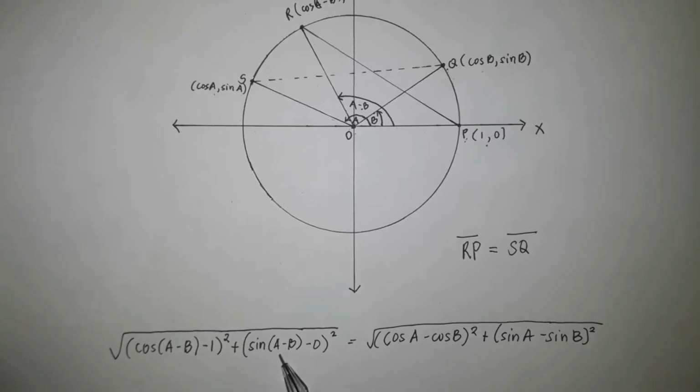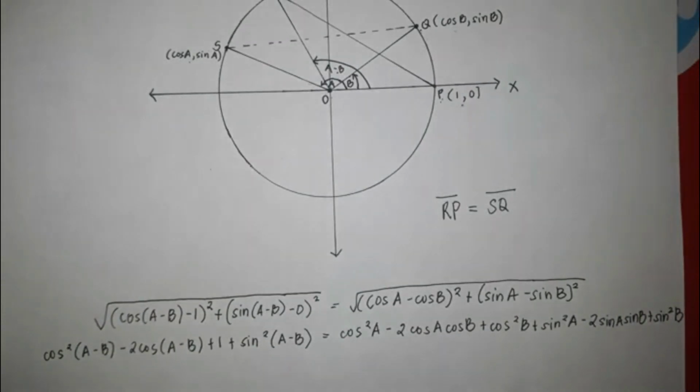Sine (A minus B) is the y value of R, and 0 is the y value of P. This is equal to cosine A minus cosine B, squared, where cosine A is the x value of S and cosine B is the x value of Q, plus sine A minus sine B, squared, where sine A is the y value of S and sine B is the y value of Q.